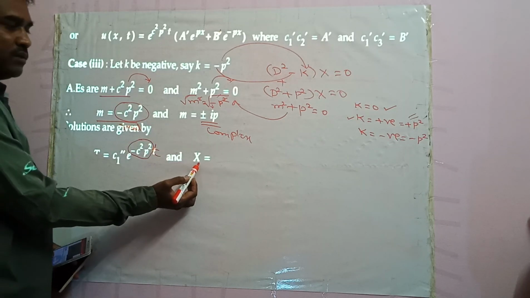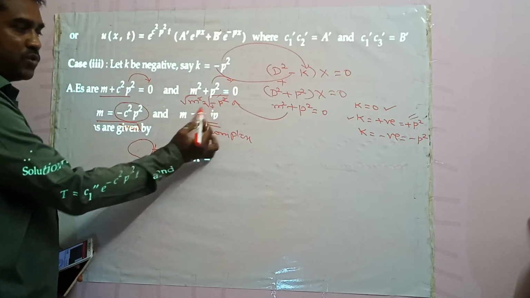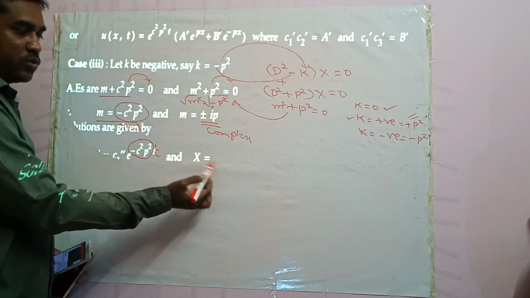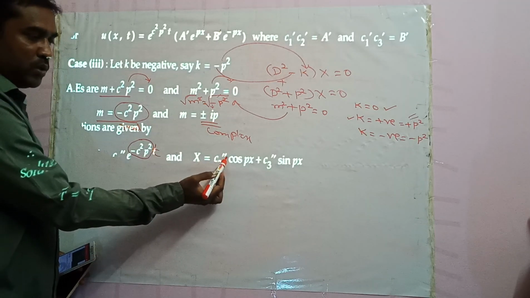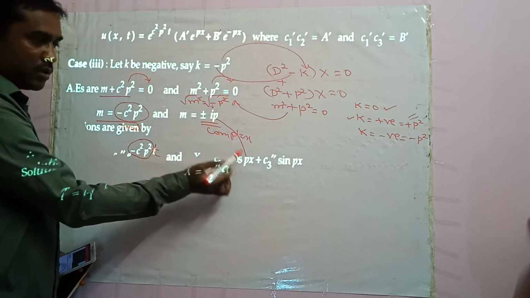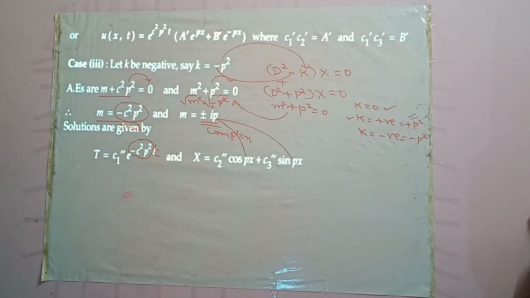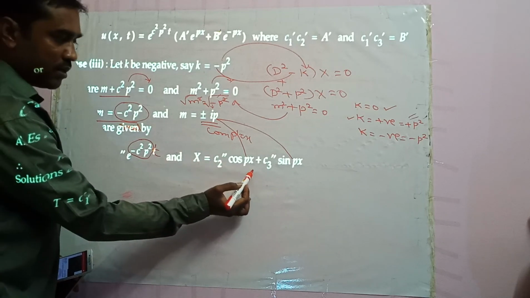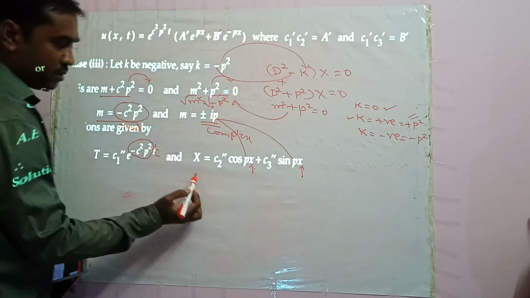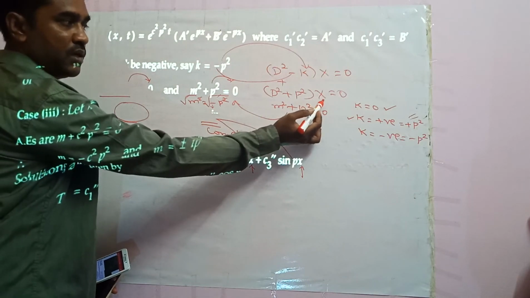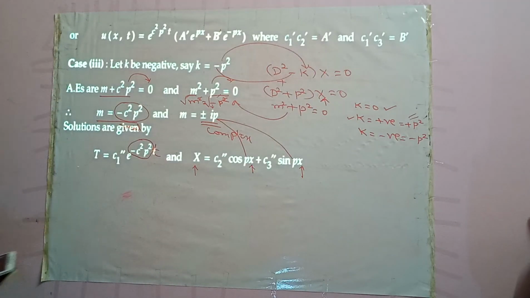And the other one, x is equal to, since it is the complex root, when you write the solution for the complex root, what you get is c2 double dash cos px plus c3 double dash sin px. We have written x here because these are the roots for the differential equation which contains x. So we got the solutions in the third case as well.